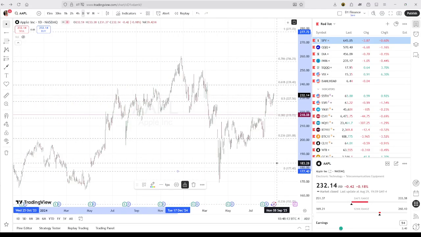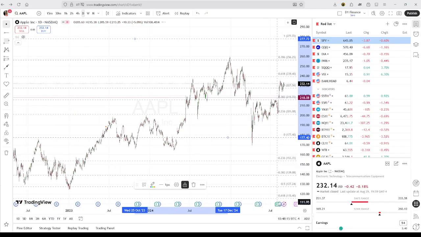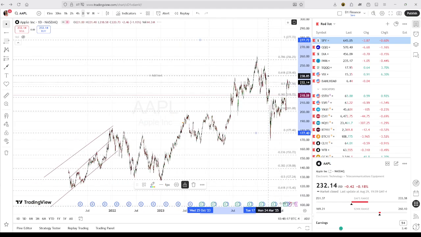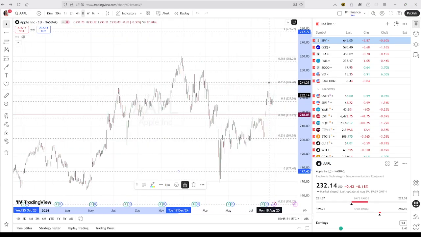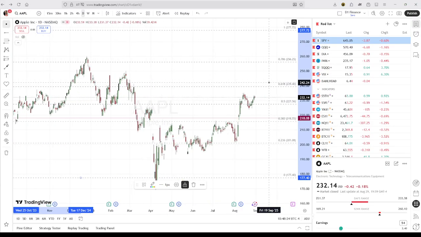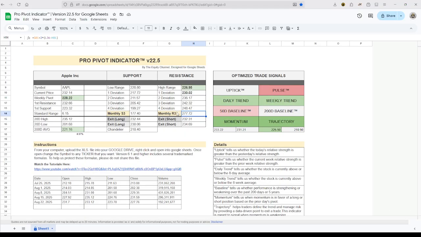And of course, I have my extensions that go beyond these points, just in case. I keep extensions there on both ends. Pretty simple stuff here. So that's what I like to do with these levels. This way, now I have levels on my chart all the time for an entire month.